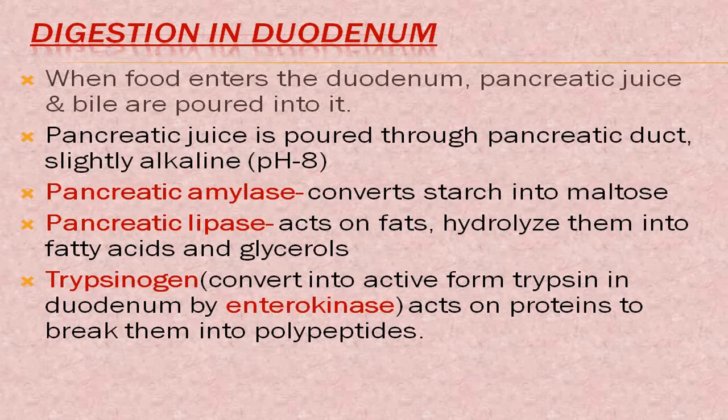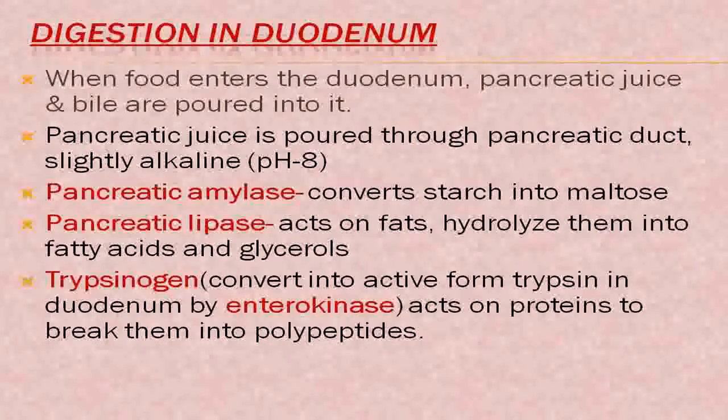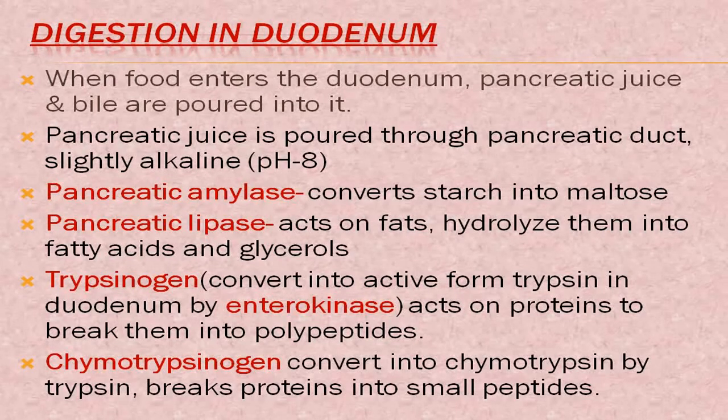Trypsinogen is converted into its active form, trypsin, in the duodenum by another enzyme which is secreted by the wall of the duodenum, and that enzyme is called enterokinase. Enterokinase converts trypsinogen into trypsin. So it converts protein into polypeptides, meaning small molecules.